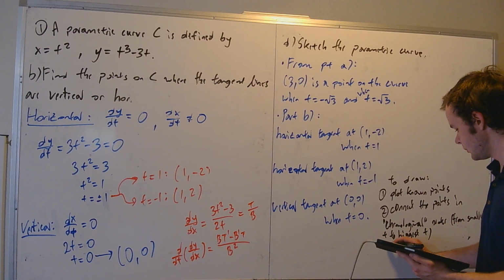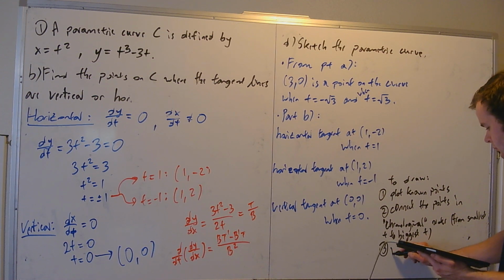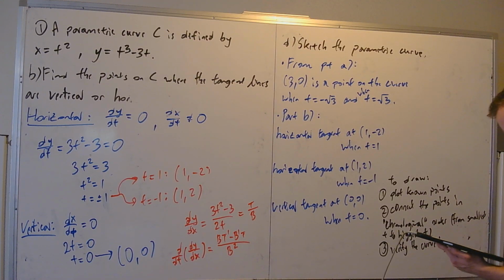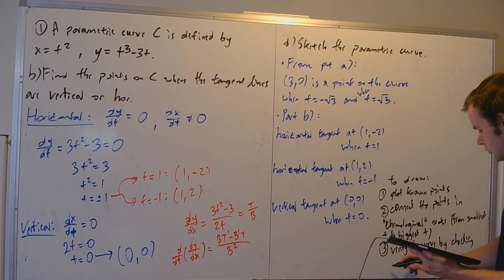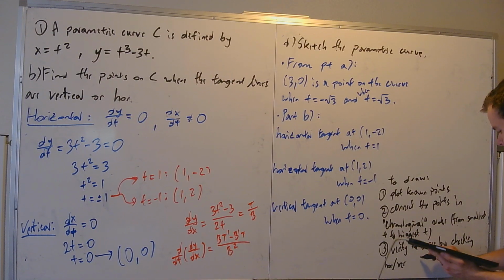And step 3 is to verify the curve by checking the horizontal and vertical tangents and concavity. Right, so kind of a lot there.